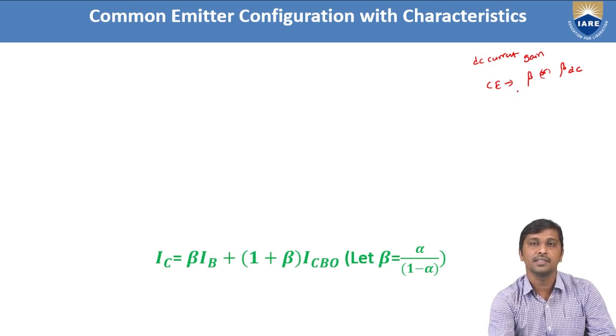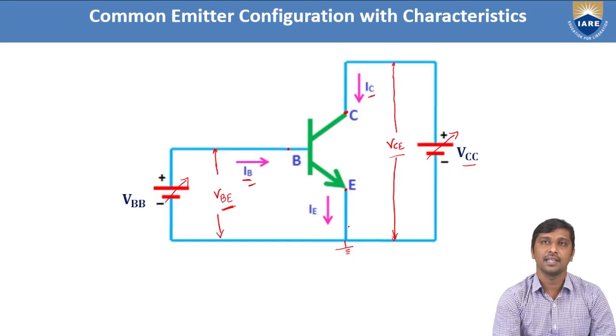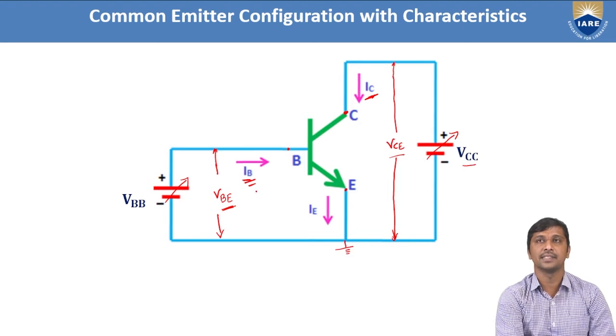It is defined as the ratio of the output current to the input current. If you observe this common emitter configuration, which one acts as the output current? Here the output current is the collector current, and the input current is the base current.